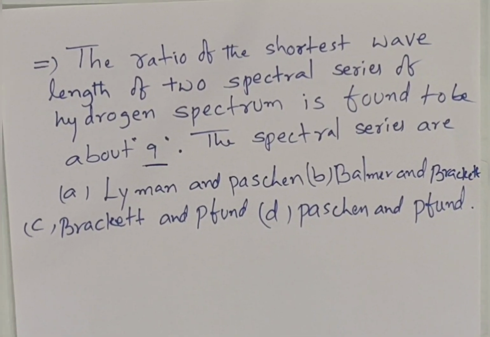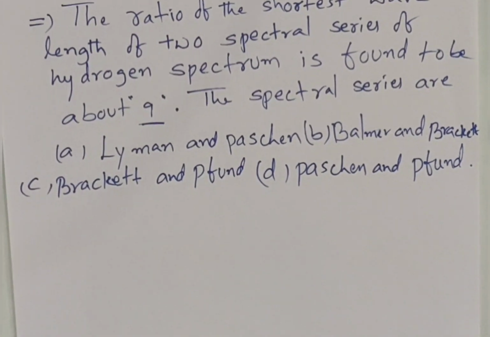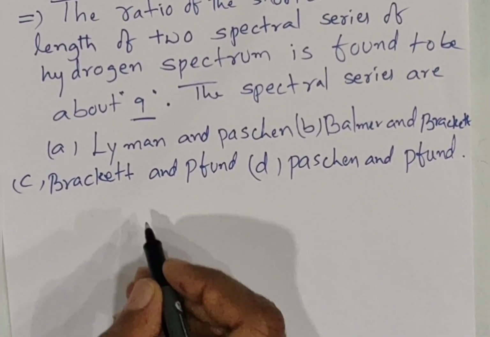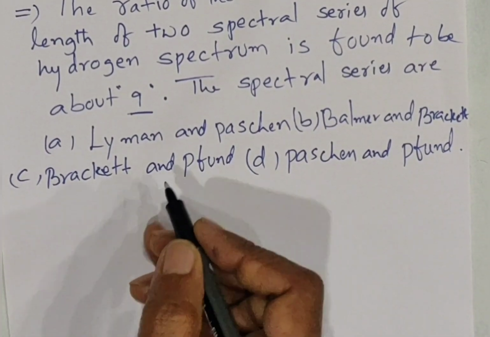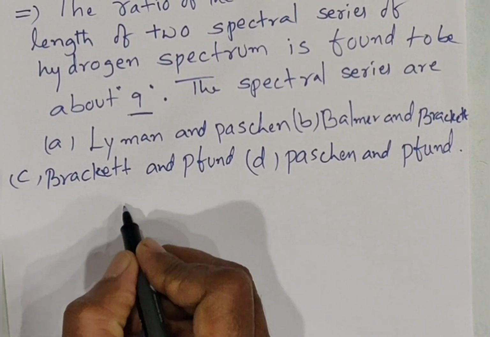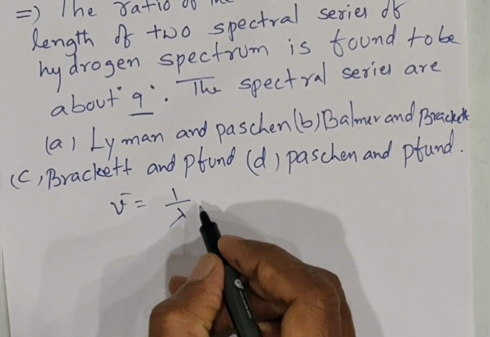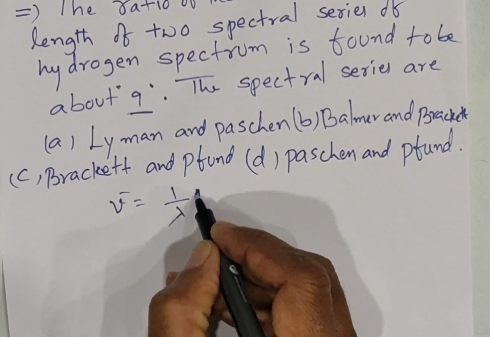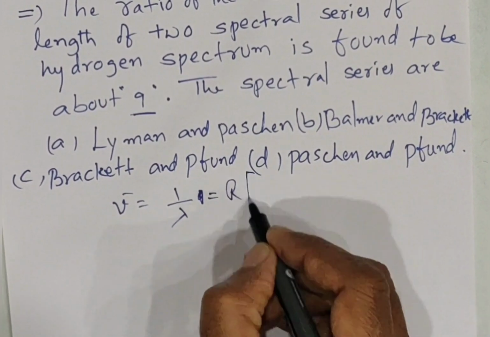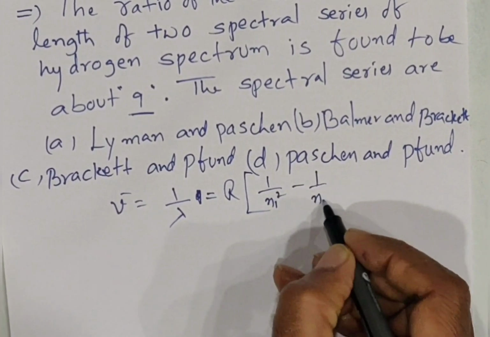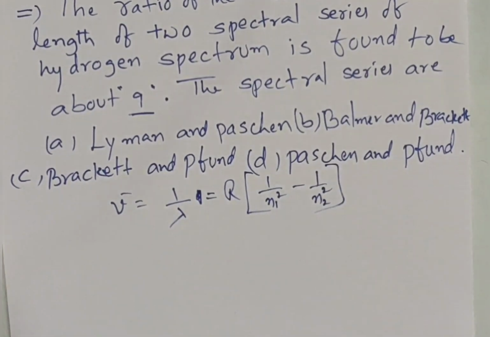Now you have to calculate this problem by using one simple mathematical expression of hydrogen spectrum, that is nu bar is equal to 1 by lambda is equal to R into 1 by n1 square minus 1 by n2 square.